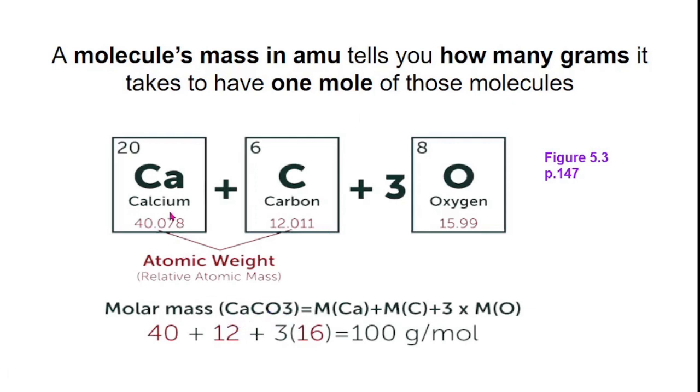So if you go to the periodic table and find those atoms, and then you add their atomic mass units, remembering to multiply by 3 the oxygen because there are 3 of them, you'll see that it has a molecular mass of 100 AMUs. But don't call them AMUs anymore, call them grams. Then you have 1 mole of calcium carbonate.